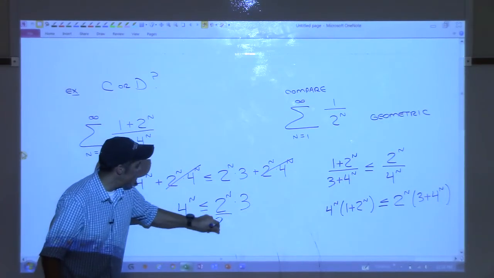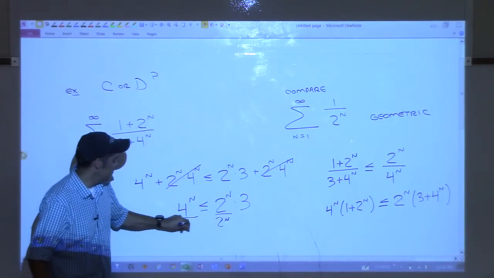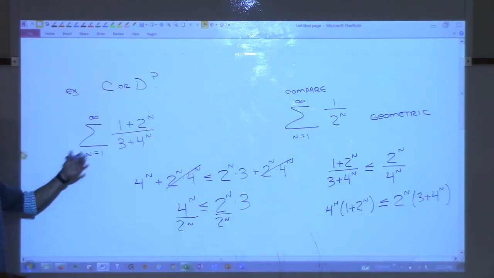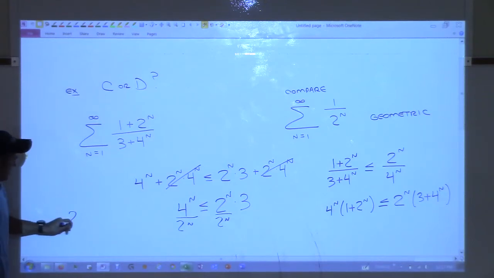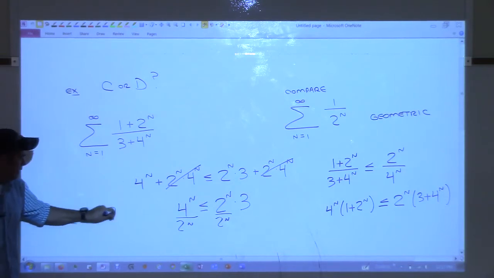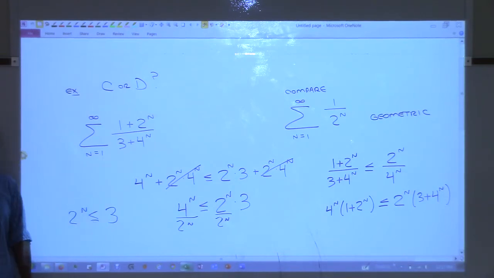What does the left side become? 4 to the n over 2 to the n. That'll become 2 to the n. Is that smaller than the right side? What's the right side? 3. Well, it's smaller when n is 1. But after that, it's over, right? The left side gets bigger. So this is not true.